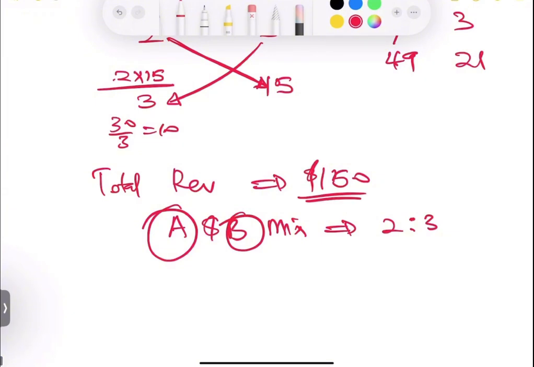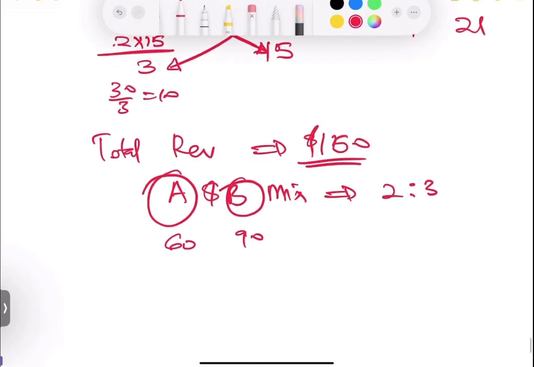That's 60 for A and 90 for B. Good. The best way to do it is just the total amount divided by the total ratio, that's 2 plus 3 over 5. So that means 1 ratio is 30. So now if it's 2 and 3, then 2 times 30 is 60, and 3 times 30 is 90.